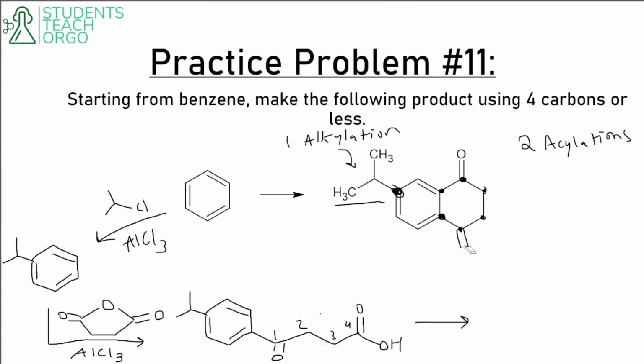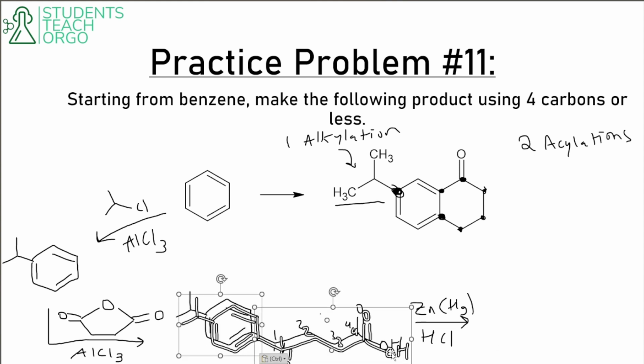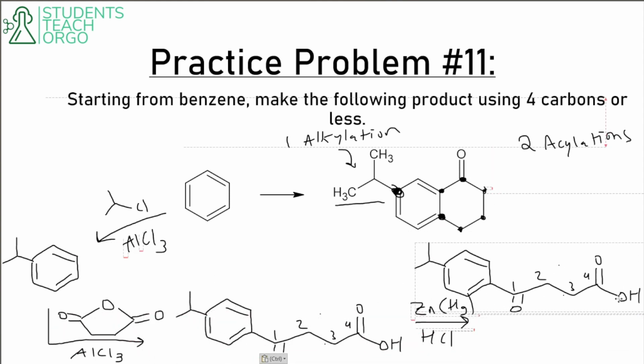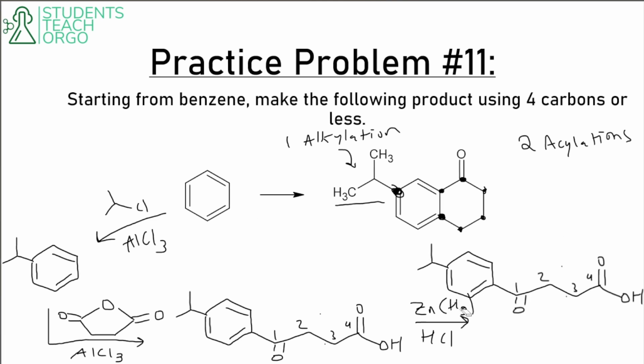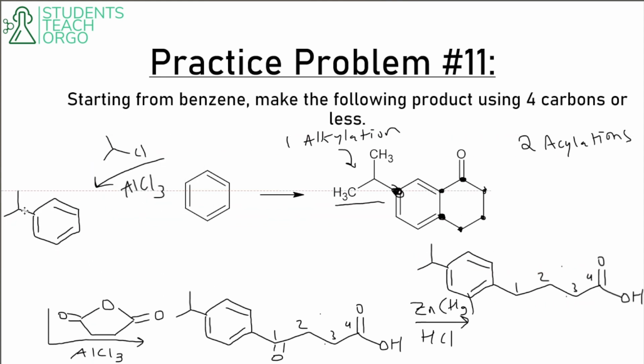So to avoid that, I need to use my zinc amalgam to get rid of that group on the right. So I'll start erasing things in a second, do not worry. So there we go. That's where we got to so far. Feel free to take a look at the synthesis, what we did so far, but I'm going to try to move things up a little bit more, to make things a little nicer.